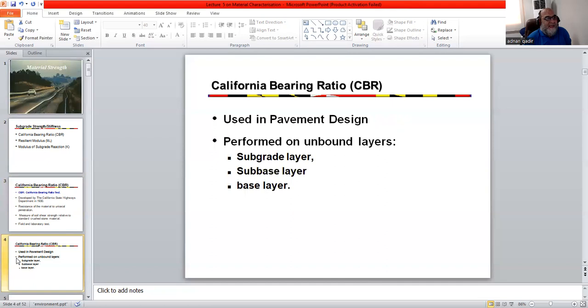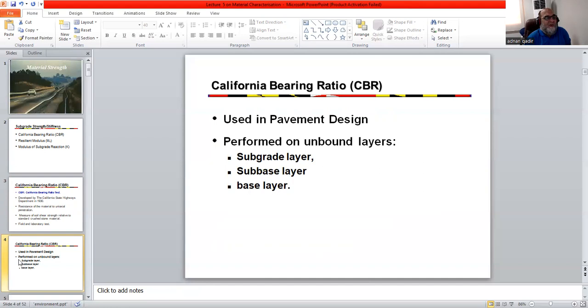In a pavement design, when we specify a material that should be used for constructing the pavement, most of the time we specify the CBR values. For instance, the CBR value for the base layer is around 80, for the sub-base layer it is around 30, and for the subgrade layer, the preferred value we always would have should be around 10.